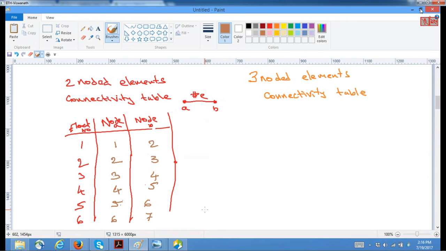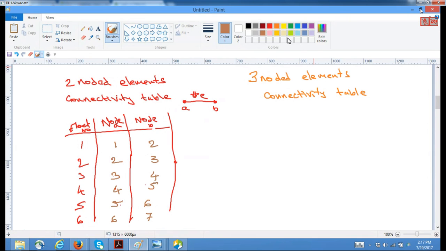So our entire structure of length L is divided into 6 two-noded elements, and each element has such a connectivity table. For example, element 4 has a connectivity table with node A as 4 and node B as 5.